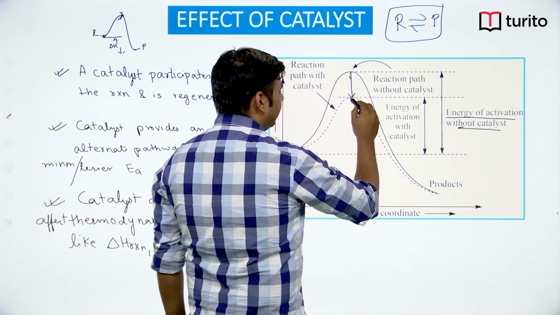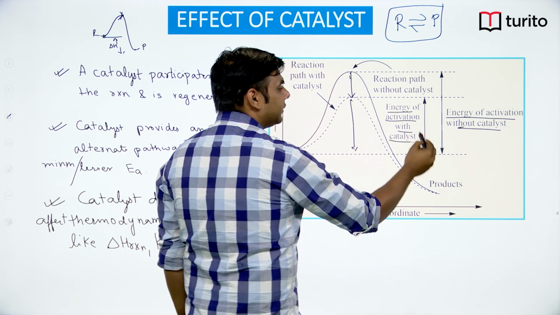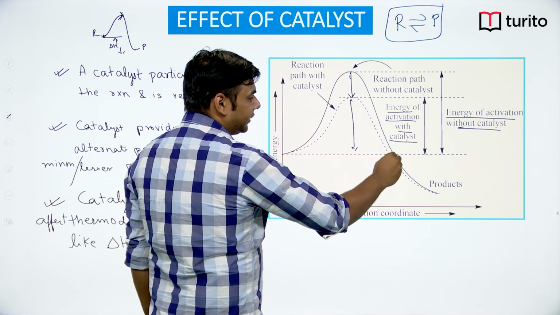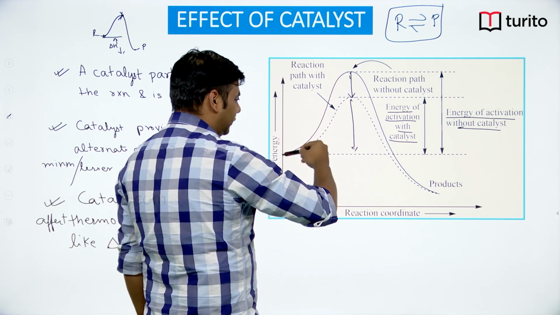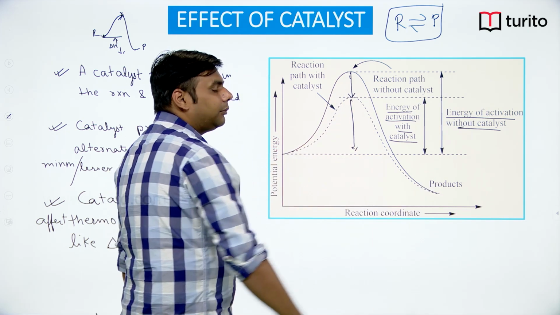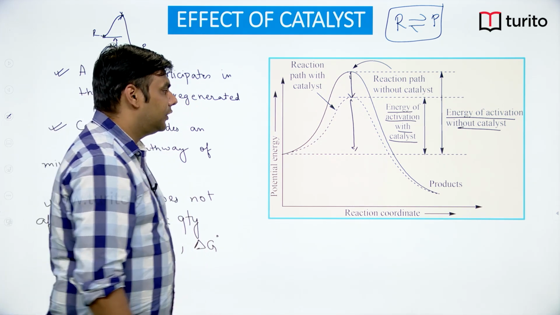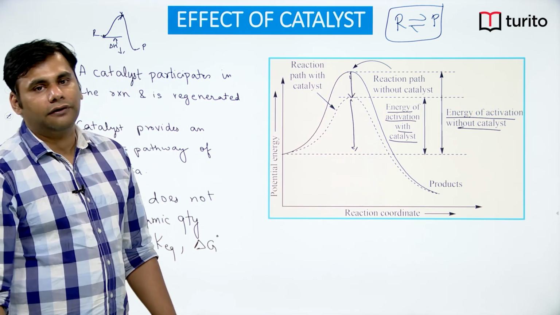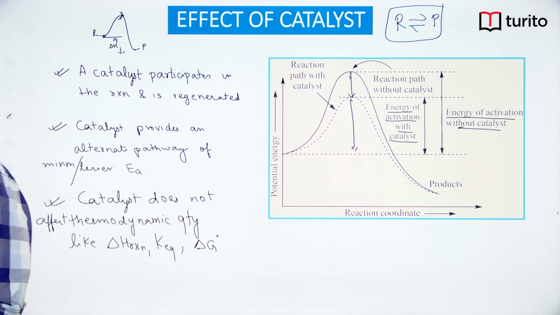Now the energy of activation would be this with the help of catalyst. So we can clearly see that when we have taken a catalyst, catalyst has provided an alternate pathway. This was the reaction main pathway, but now it has provided an alternate pathway of lesser activation energy or minimum activation energy. So reaction would proceed through this and it would proceed in a faster manner because activation energy has been reduced. Okay, so just write it down quickly.